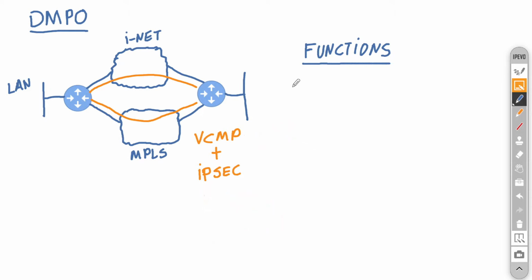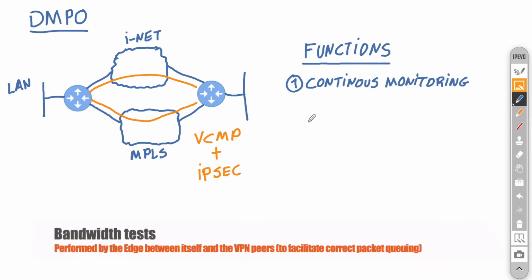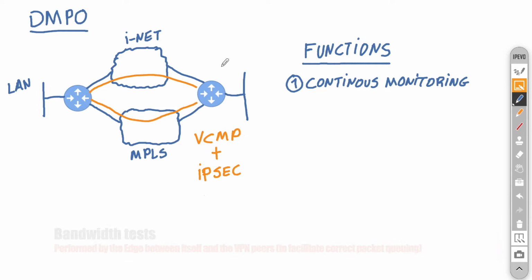So the first thing to note is the continuous link monitoring. The first time an edge boots, it is going to go through a series of bandwidth tests between itself and its primary gateway, and also between itself and all the other peers inside the Cloud VPN. Now, what this allows us to do is to go beyond the usual static definition of the upstream and downstream bandwidth, because the reality of most circuits out there is that they never tend to perform up to their maximum specifications.